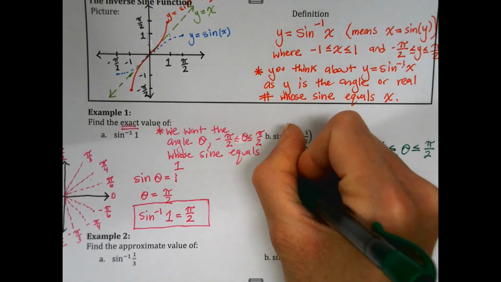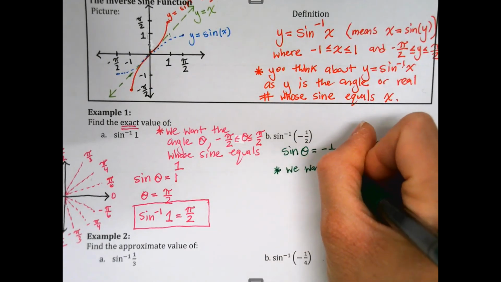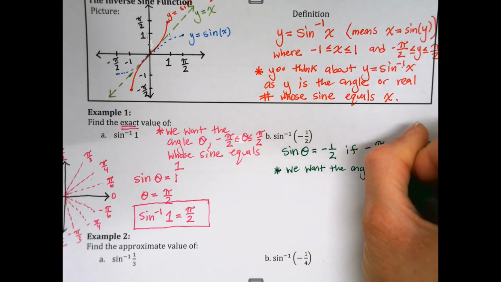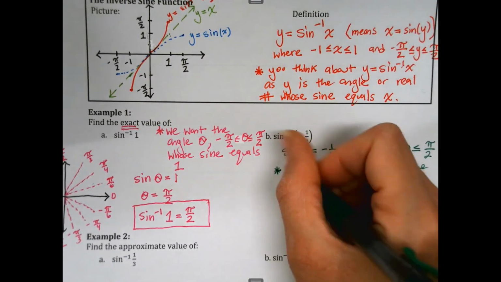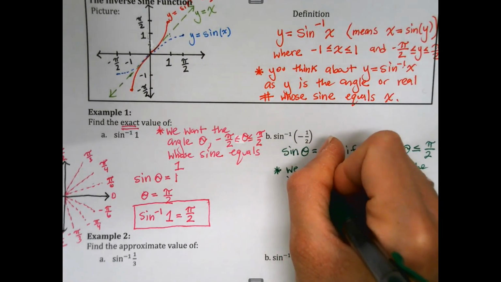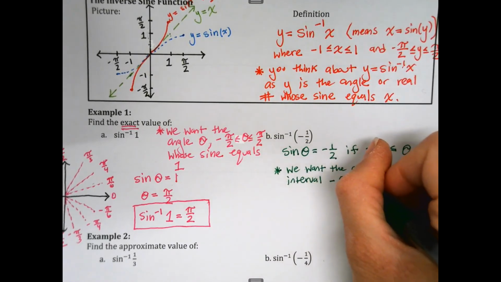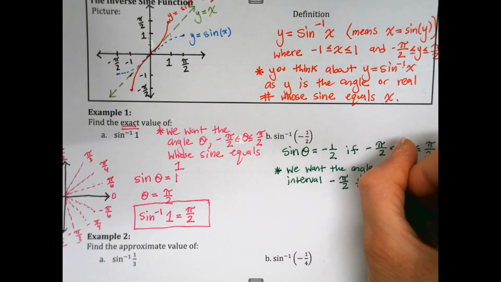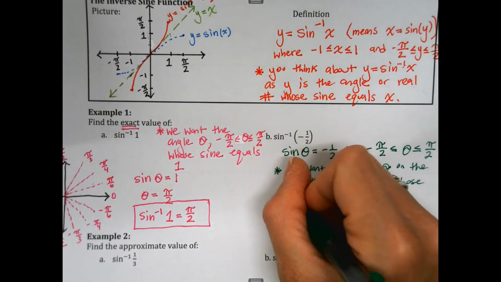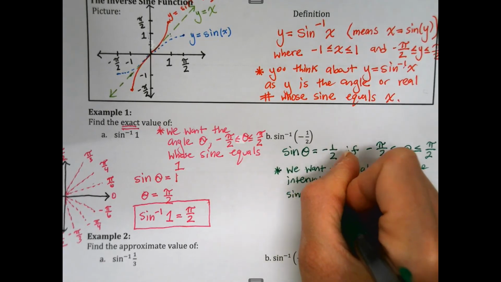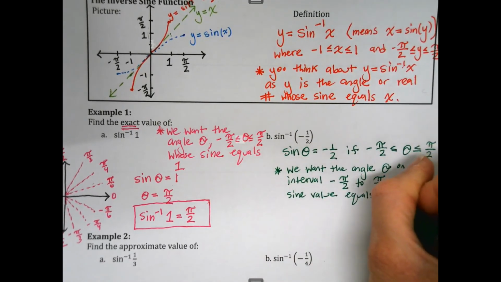So in words, we want the angle theta on the interval from negative pi over 2 to positive pi over 2, whose sine value equals negative 1/2.